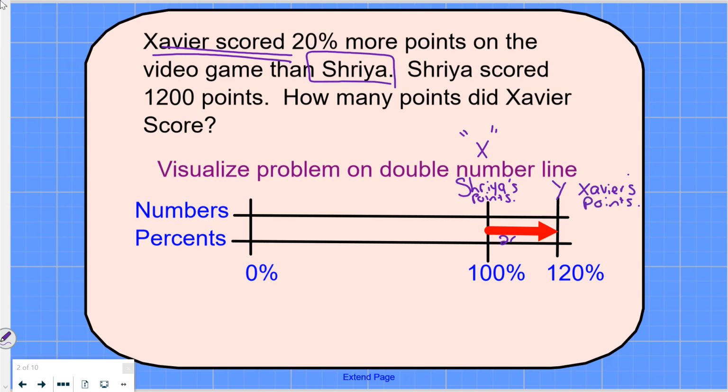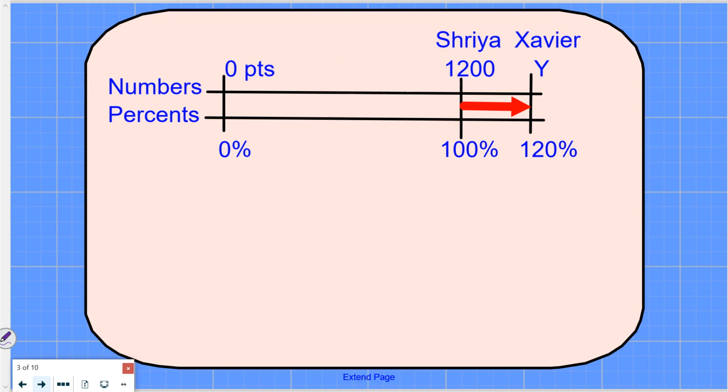He has 20% more points, so his total points represent 120% of what Shreya has. Let's take a look at the equation. Again, whoever we're comparing to is my variable x.